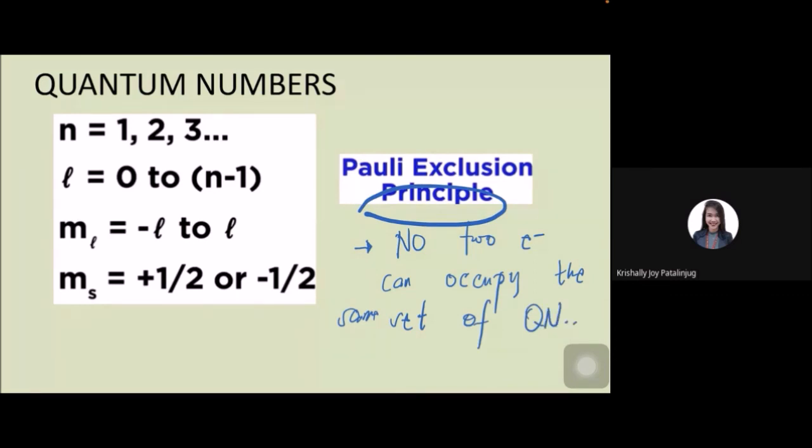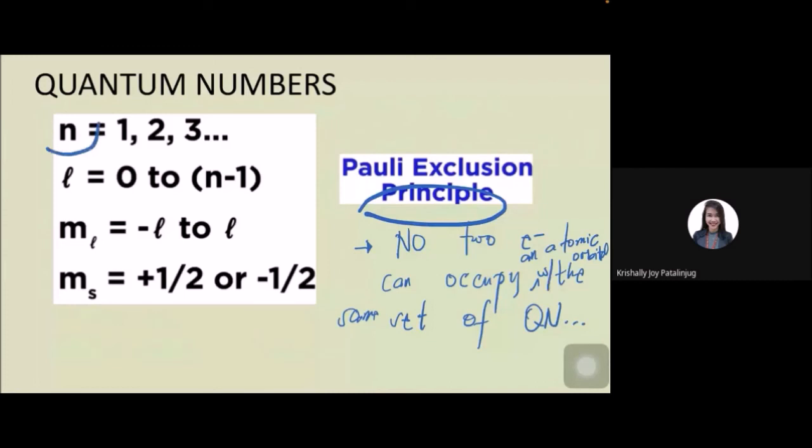They cannot occupy a particular atomic orbital with the same set of quantum numbers. At least they differ in spin. That is the Pauli exclusion principle.